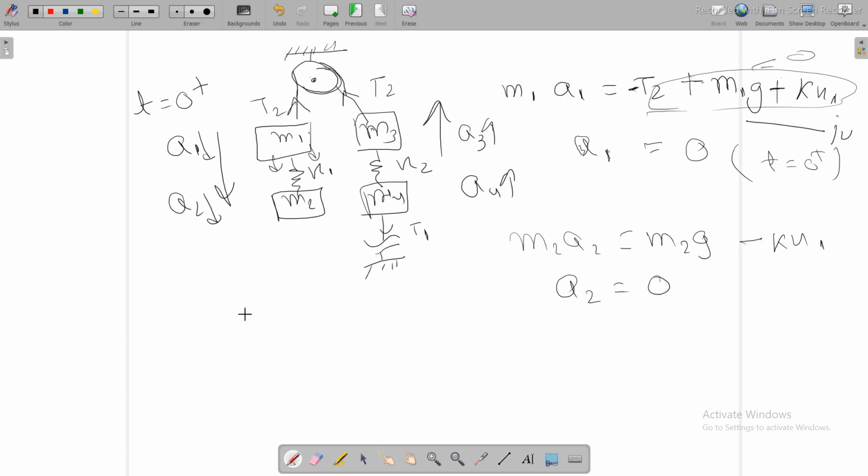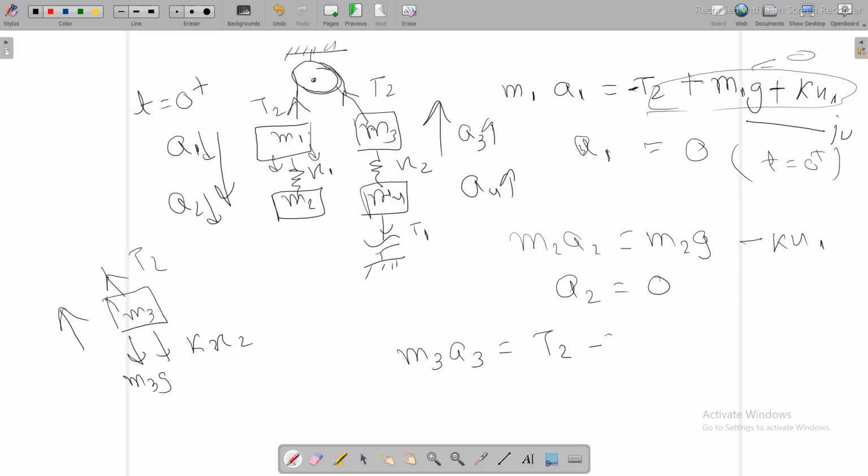Similarly, for a3, if we take mass m3, the forces will be t2, m3g and kx2, and the acceleration will be in this direction. Therefore, m3 a3 is equal to t2 minus m3g minus kx2.